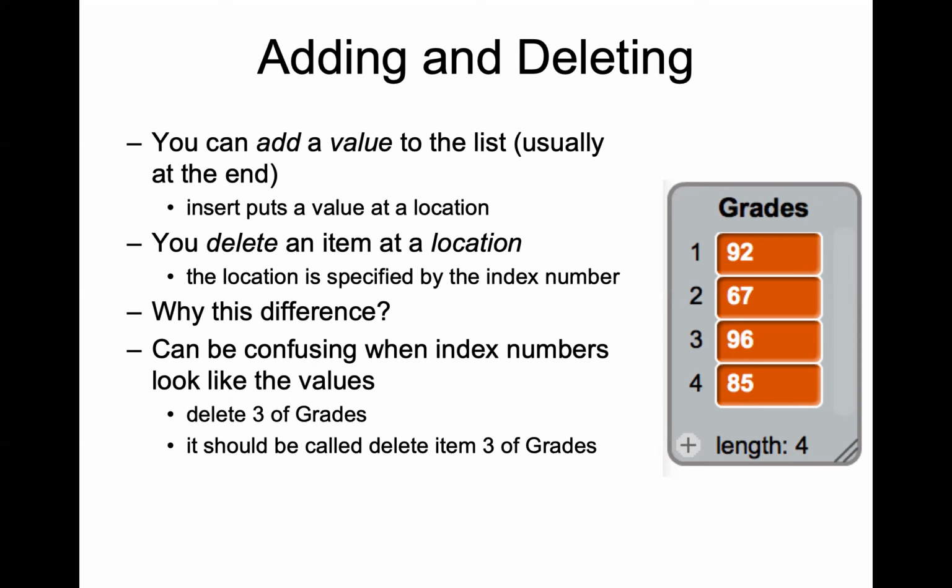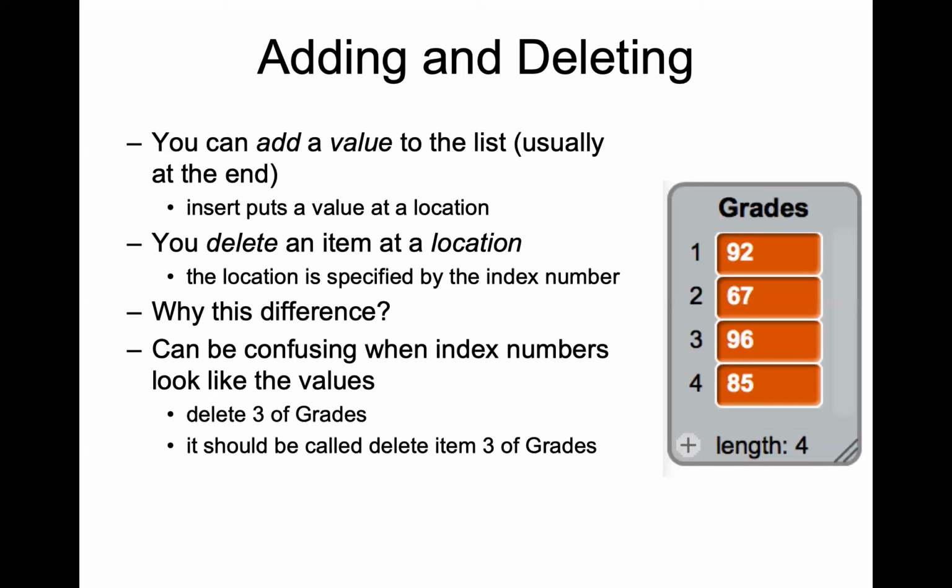I just want to address the fact that this can be confusing. The confusing thing comes from the fact that the position in the list is an integer, that is to say just a number, and this list happens to contain values that are also integers. I can almost guarantee you that at some point in your career here in 1030, that is to say in the near future, you will get confused between whether you're talking about the thing in the list or the position of the thing in the list.